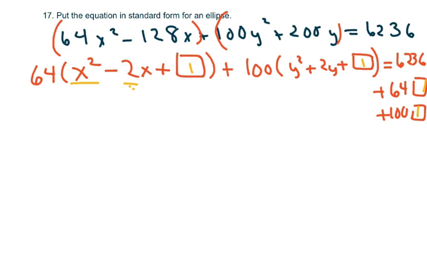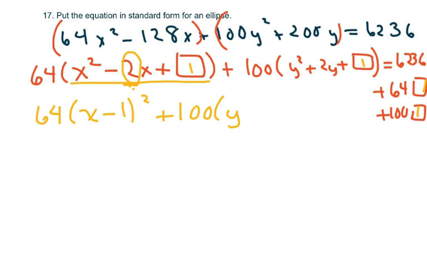And then this is a perfect square trinomial, so we're going to write it as x minus, take half of 2, and that's 1 squared, plus 100 times y plus half of 2 is 1 squared. And in particular, if you FOIL this out, you'll get this.